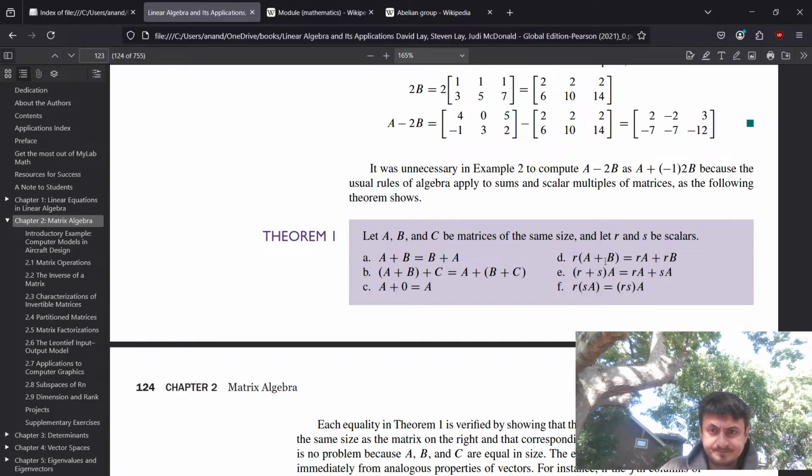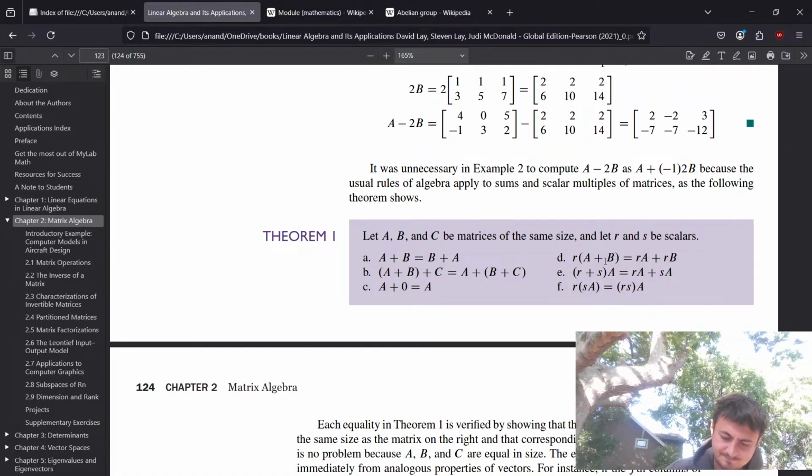So A, B, C matrices of the same size. Then we have A plus B is commutative, associative, and we have a 0.